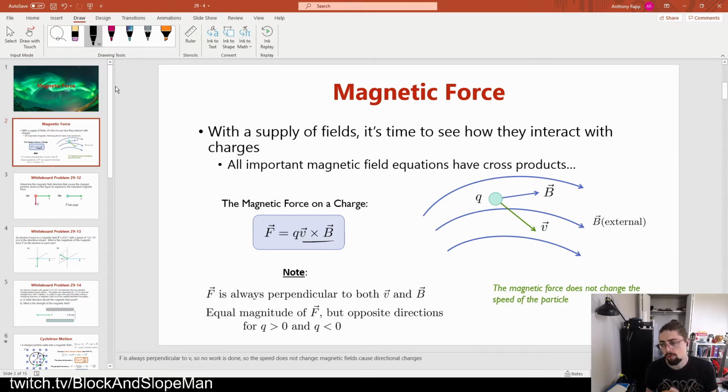Particles don't follow the magnetic field. They don't feel a force in the direction of the magnetic field. They feel a force perpendicular to the magnetic field and perpendicular to the velocity. That means that if I'm thinking about something like work or potential energy, the magnetic field can't do any.